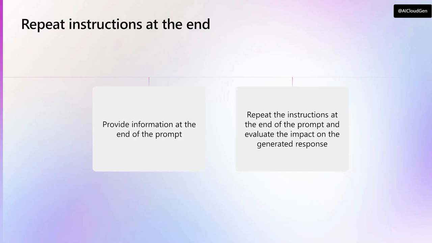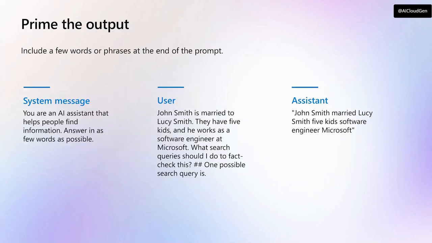By duplicating the instructions, of course, the tokens will be doubling up, but sometimes it sets the context really well and clear for the models in terms of what response they need to provide. So it's okay to do that. Don't worry about whether it is okay to repeat the same thing multiple times or not. And prime the output. Exactly tell what you are looking for.